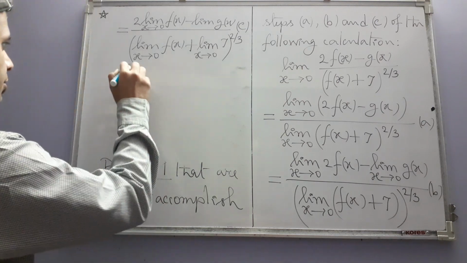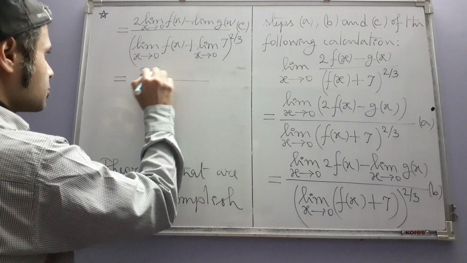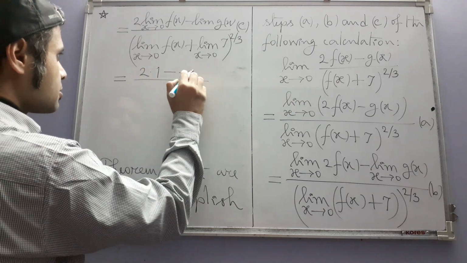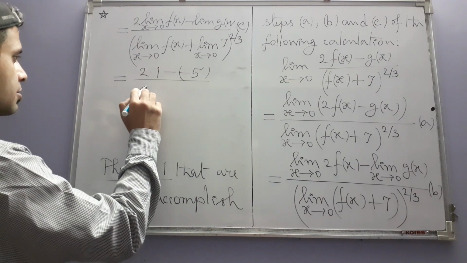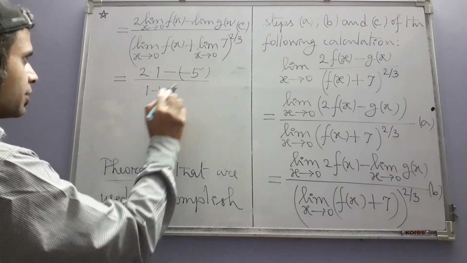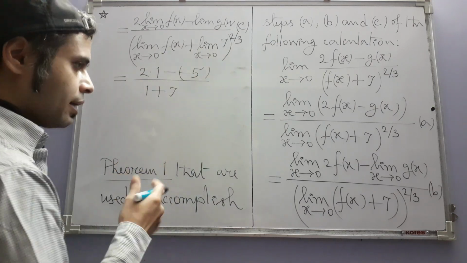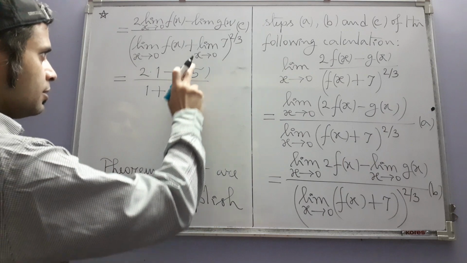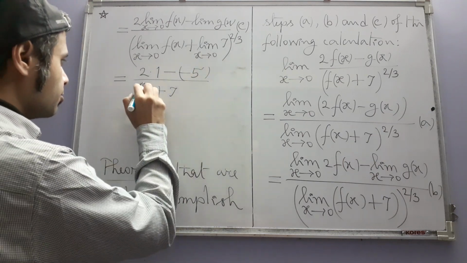So this becomes 2 times 1 minus 5, and this is 1 plus 7. We know that if we have a constant function, then its limit is that constant value itself, regardless of where the independent variable is going.